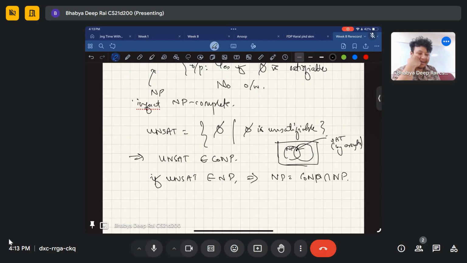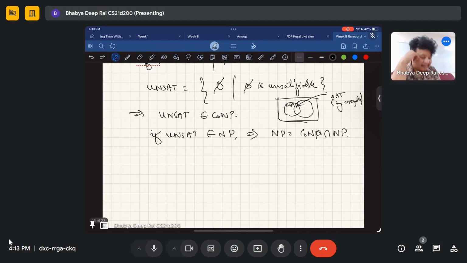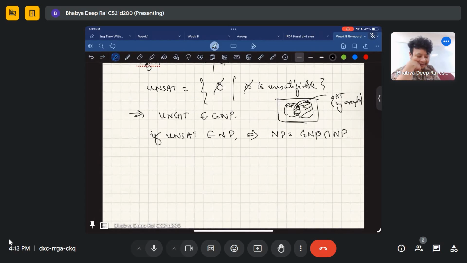Sat lies here, but since everything reduces to it, it means that NP will collapse to this region, NP intersection coNP, and hence coNP will also collapse to this region, because the complement of every NP language is in NP intersection coNP, then the complement of every coNP language is also in NP intersection coNP, which implies that P equals NP.